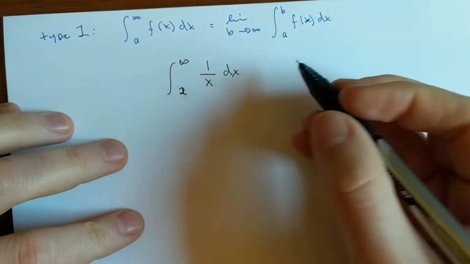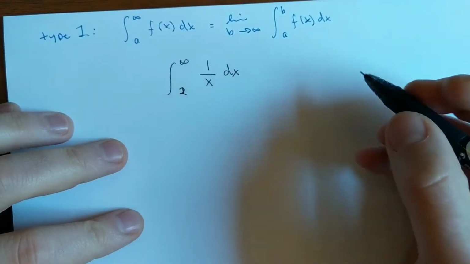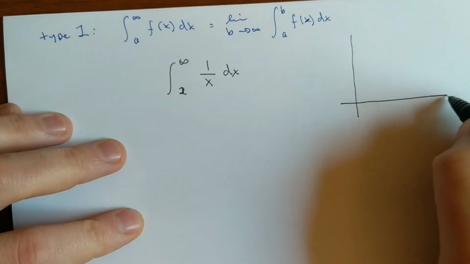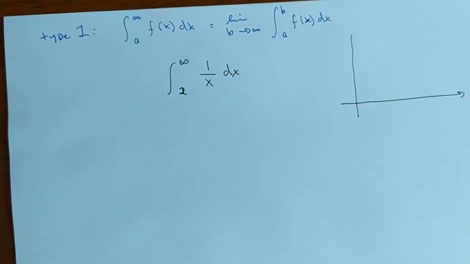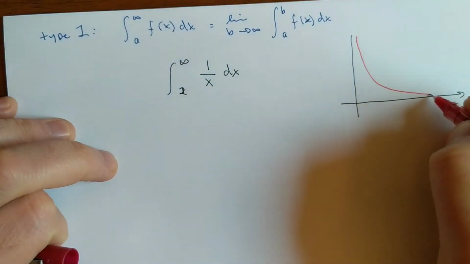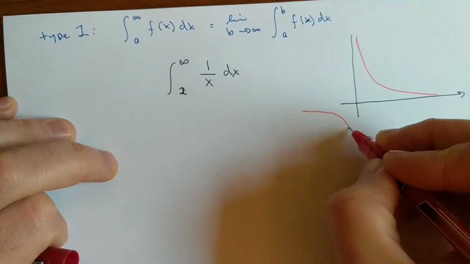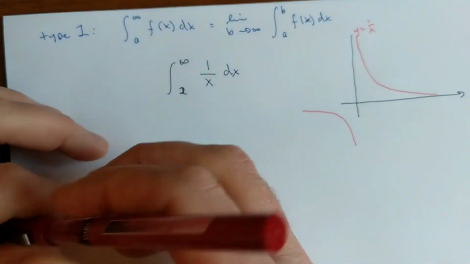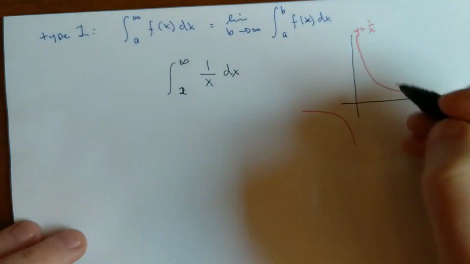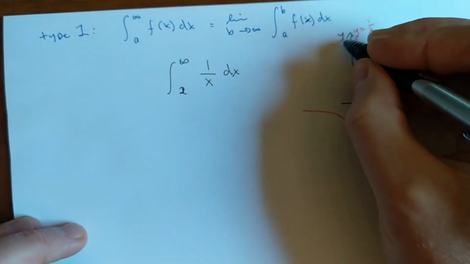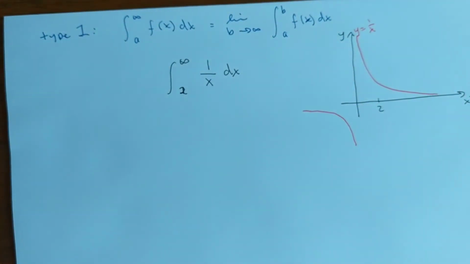So here's our example. We're going from 2 to infinity. Let's draw a picture of this also, just to get an idea of what it looks like. On the domain we're interested in, 1 over x looks like this, and we're going from 2 to infinity, which we think of as being way out here.